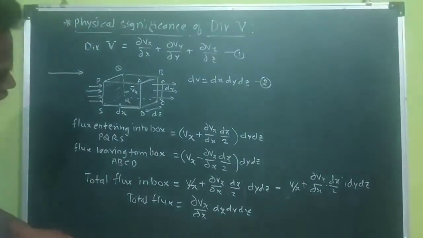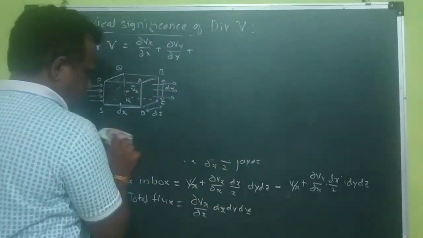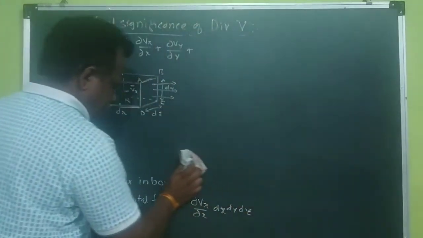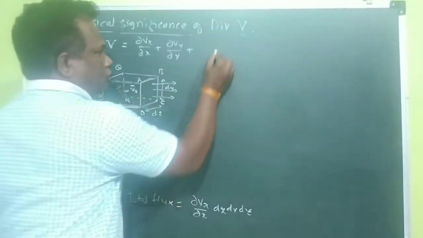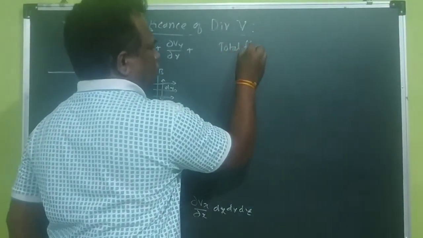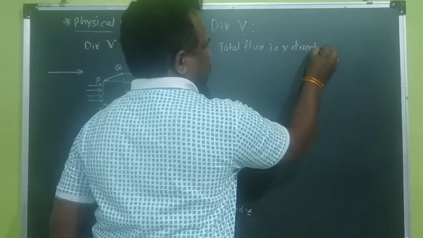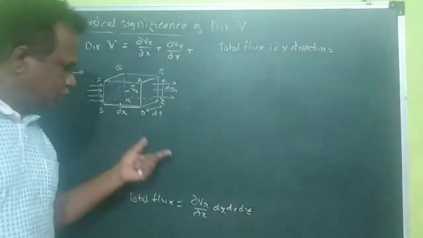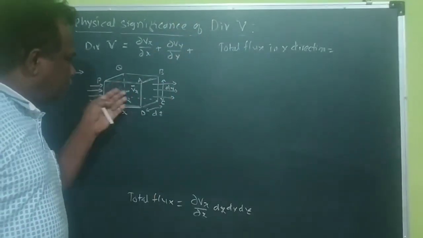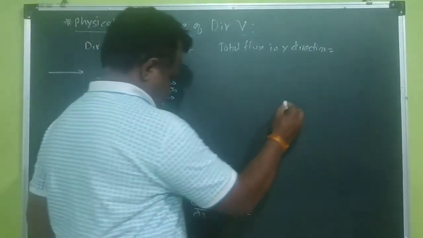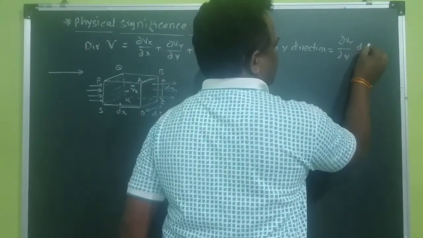So now, similarly, we are going to study the next step. I think you can understand this. Similarly, this is the total flux along the x direction. Similarly, total flux in y direction, how much? You can write the same case, that is some amount of flux is entering in this direction, some amount of flux is going out, that is the plus minus, it gives rise to the value ∂Vy/∂y into dx dy dz.